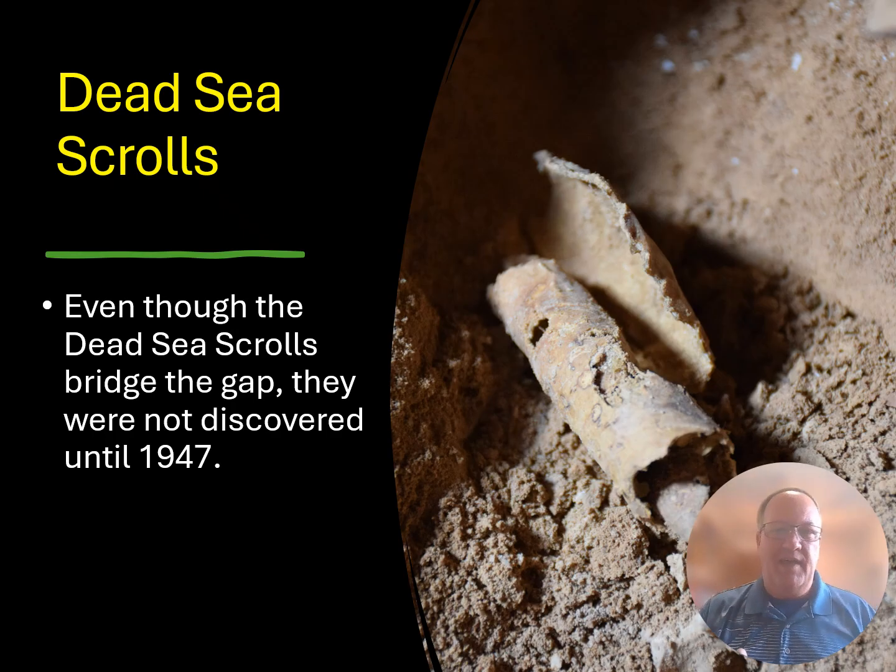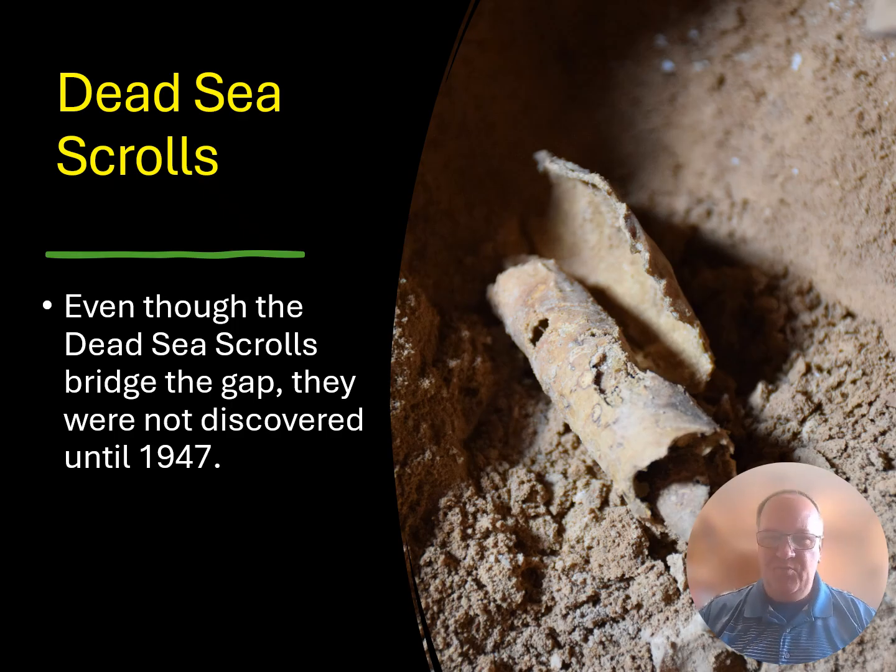And they gave us the ability to now look at the Masoretic manuscripts around 1000 AD, 900 AD, and these Dead Sea Scrolls that were around 100 to 200 BC, and compare them. And as they did that, they showed that the Masoretic text was a great text to use. That it kept the text alive, and we found very little difference between the Masoretic text and the Dead Sea text. And it just took away that whole gap between the Masoretic text and the Old Testament Hebrew Bible.